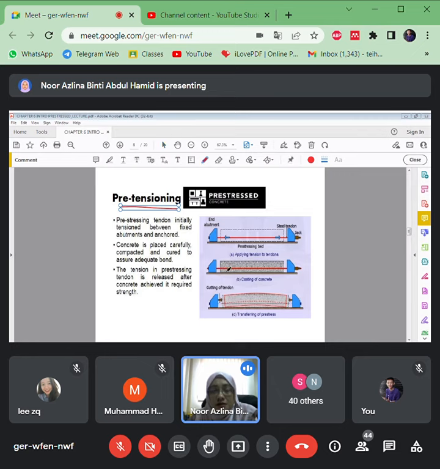So these are all the steps. If you look, this is how it is set up for pre-tension. At one end here, which we call the end abutment, this is the fixed anchorage that will hold all the tendons. And then this is the length of the concrete.